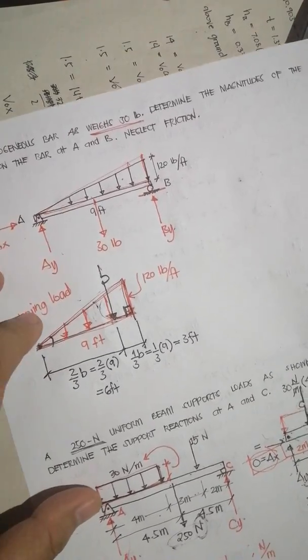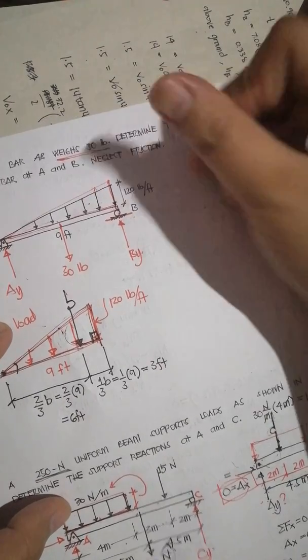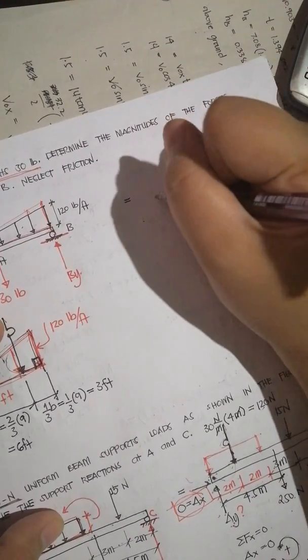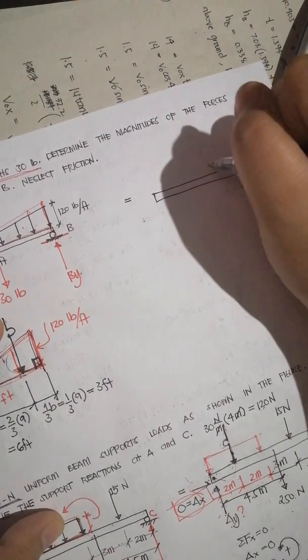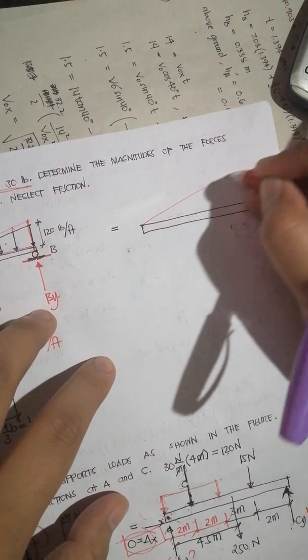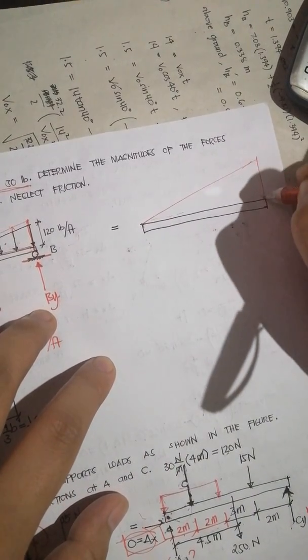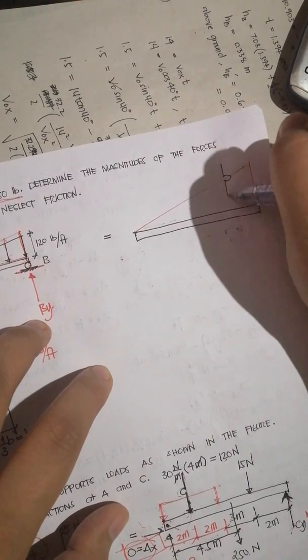So now, if we redraw the FBD of the bar, instead of having the triangular load, we replace it with a concentrated load.